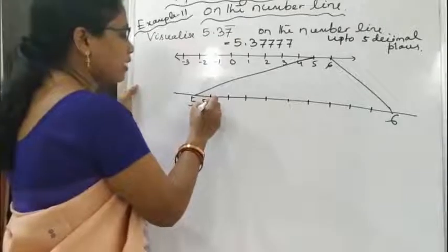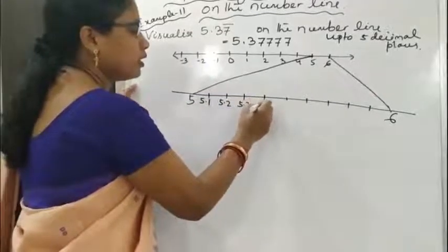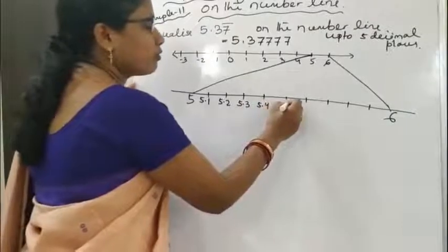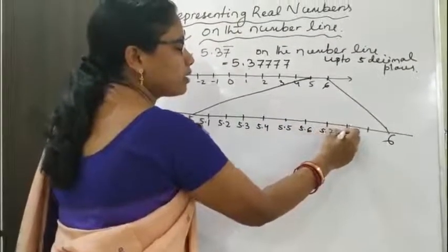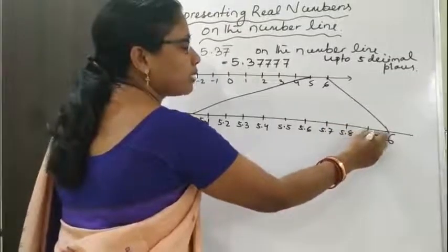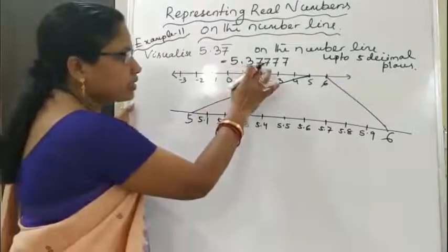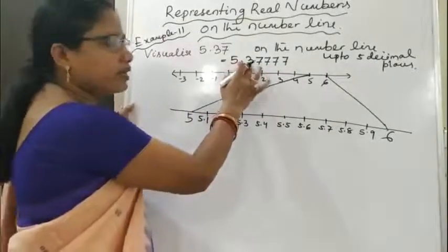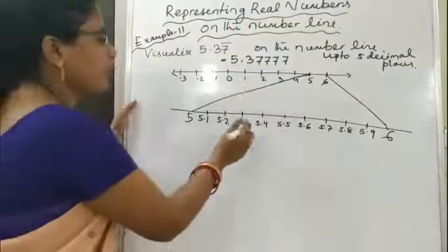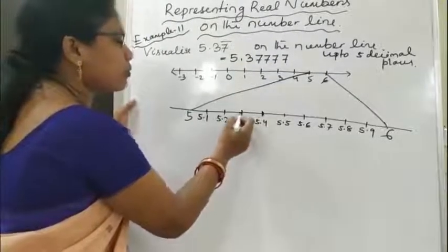So this is 5.1, 5.2, 5.3, 5.4, 5.5, 5.6, 5.7, 5.8, 5.9 and 6. Then 5.37777 will lie between 5.3 and 5.4. Again we have to magnify this portion 5.3 to 5.4.